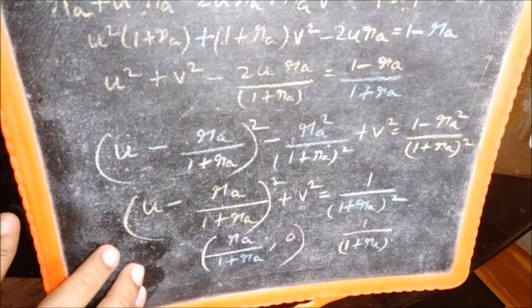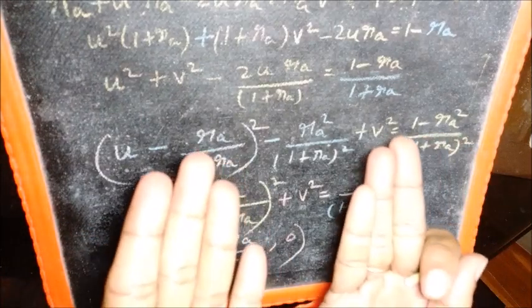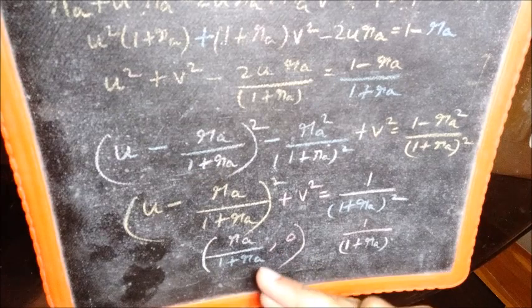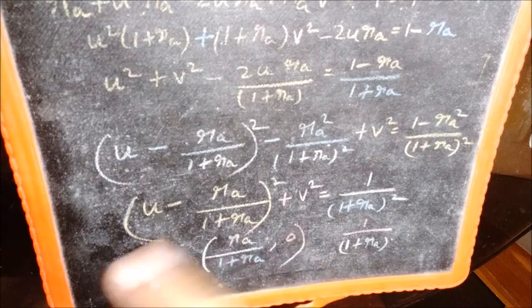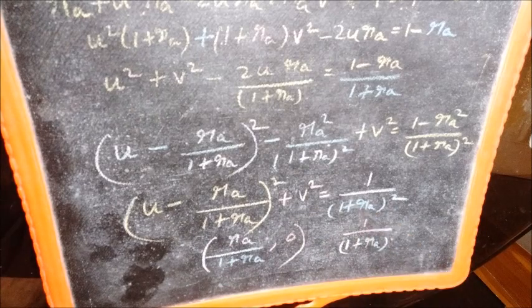Of course, positive, because radius is a positive quantity. Don't take the negative root. So the manipulation of the first of the two expressions results in the expression of a circle.